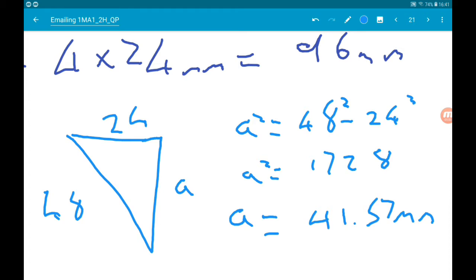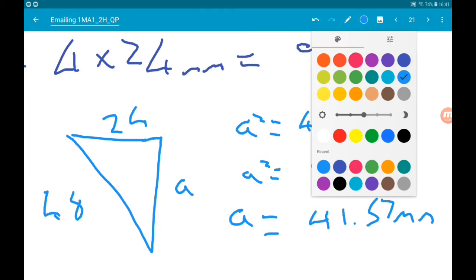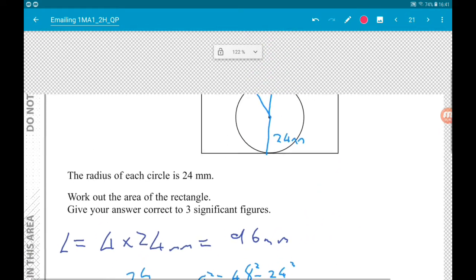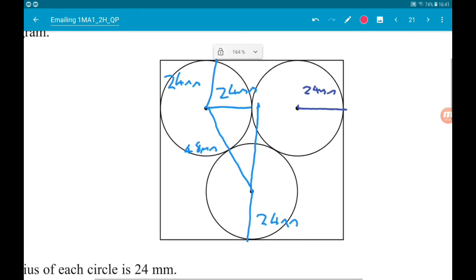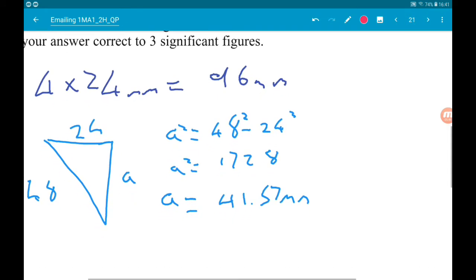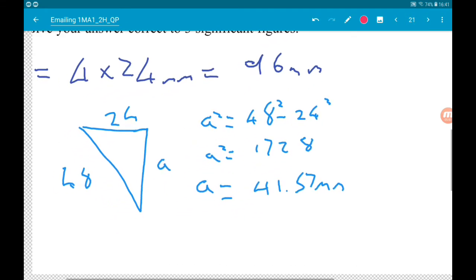So that then allows us to work out the height of the rectangle. So the height is 2 24s add 41.57.